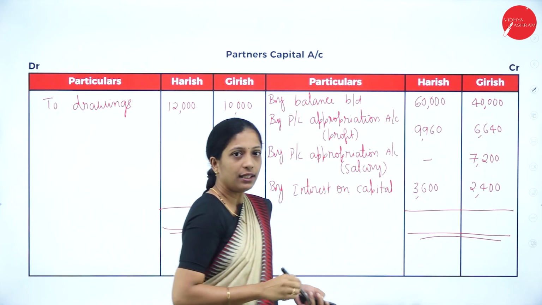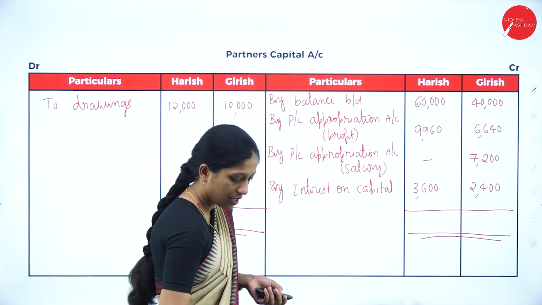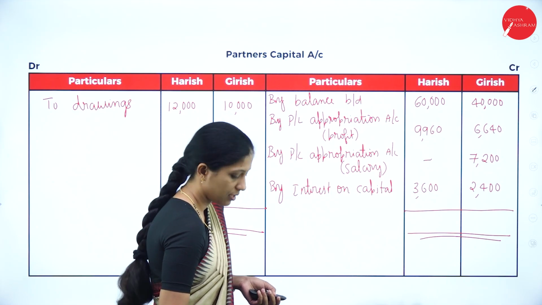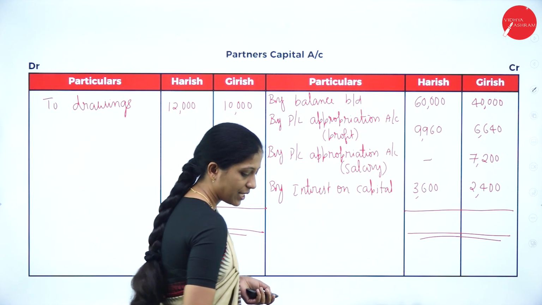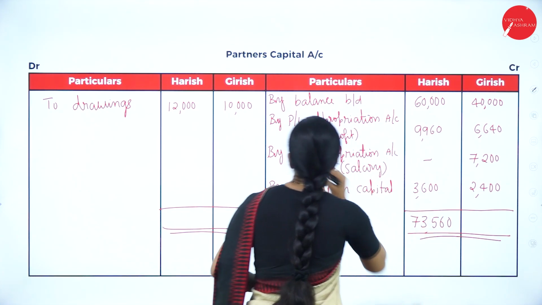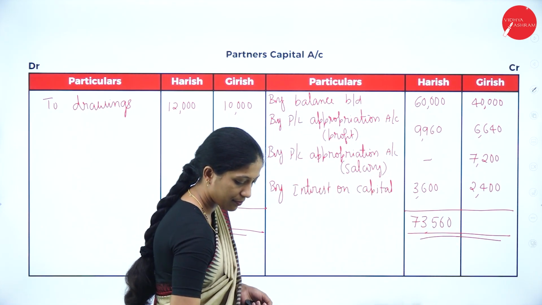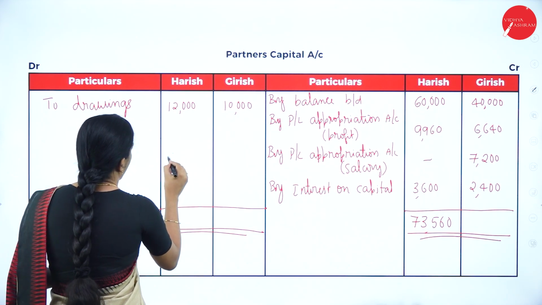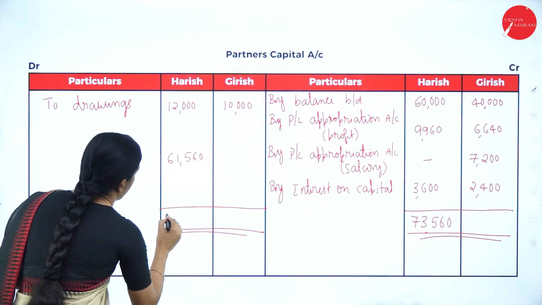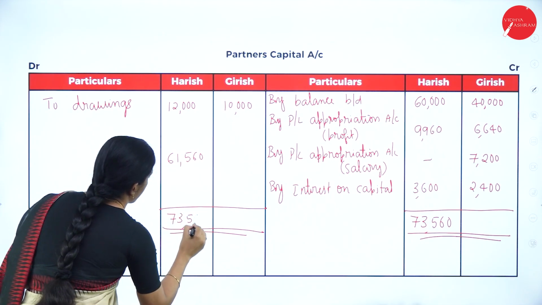Now we shall record the debit side. 60,000 plus 9,960 plus 3,600. So it will be 73,560 minus 12,000. So this is 61,560. So total 73,560.